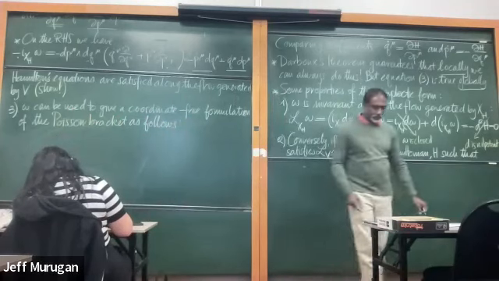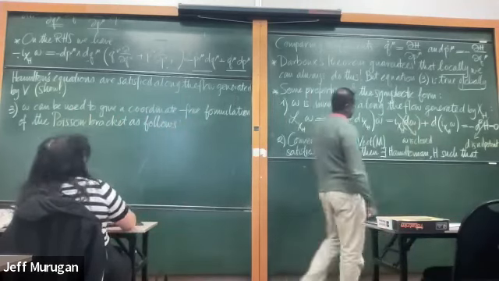Suppose I have two functions on base space, let's say F and G, and they're both functions of the Q's and the P's.